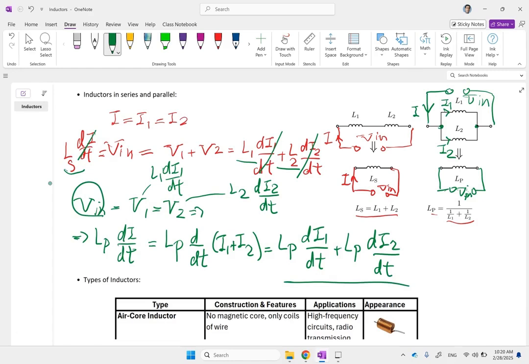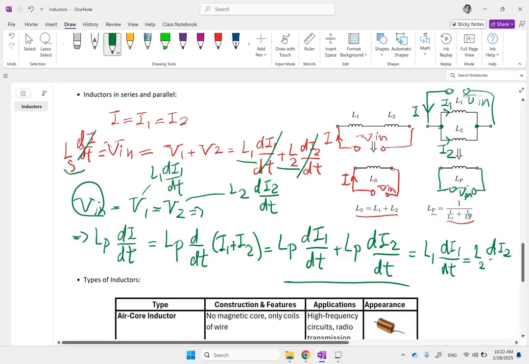And then, based on what I have up here, this is equal to L1 di1 over dt, and this is equal to L2 di2 over dt.